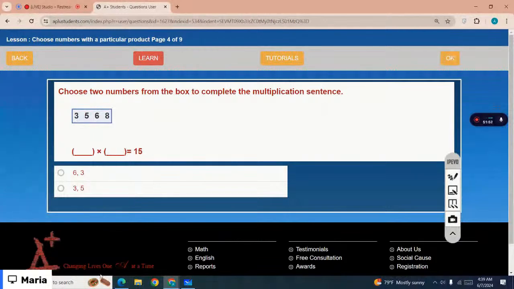That is 3 times 5 is 15. Option number, yes, 2 is the correct option.